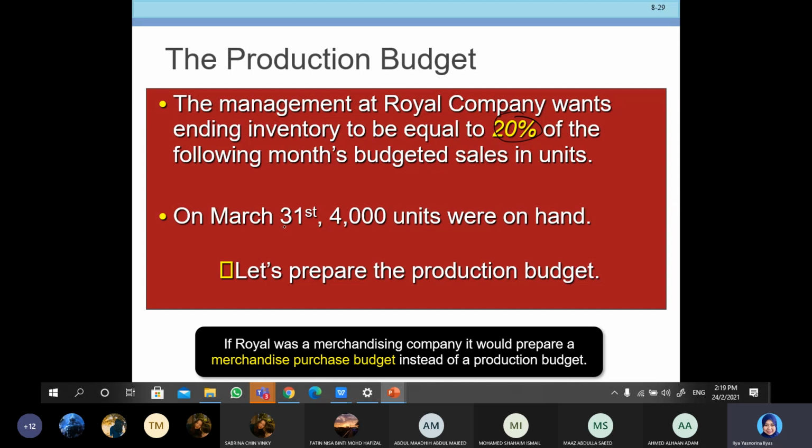On March 31st, 4,000 was on hand, so that is the ending inventory. When we bring it into April, this 4,000 will be your opening or beginning inventory. Now remember we need 20% of next month for our ending inventory.